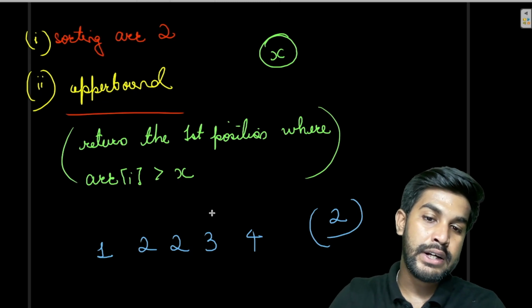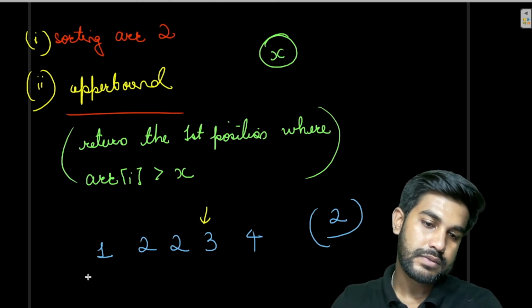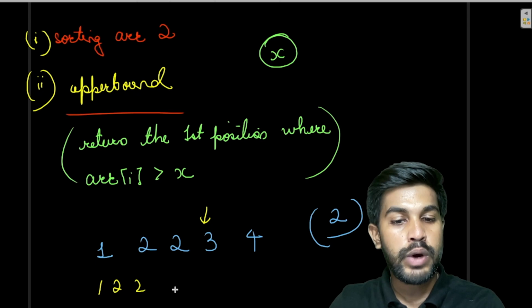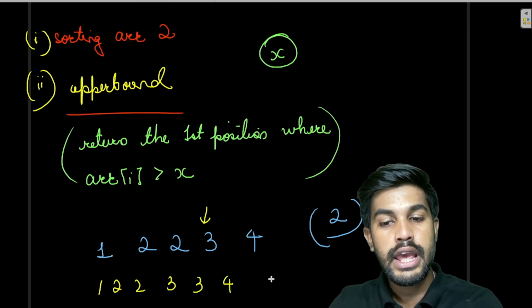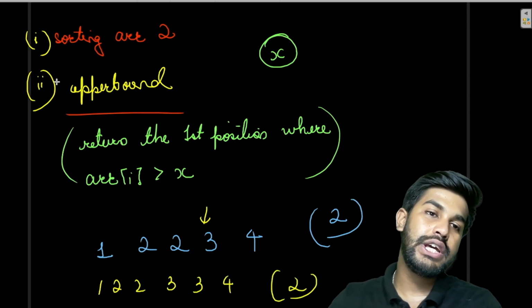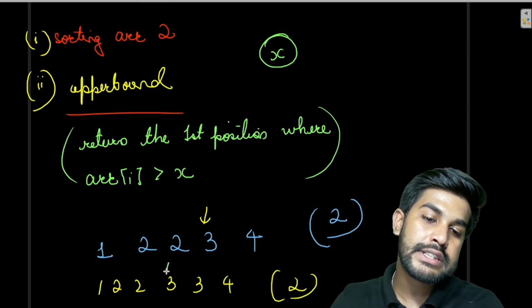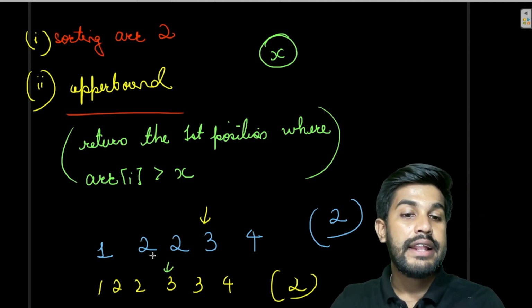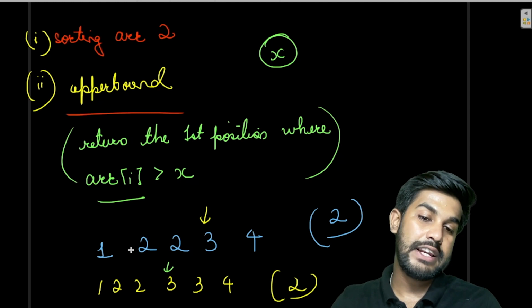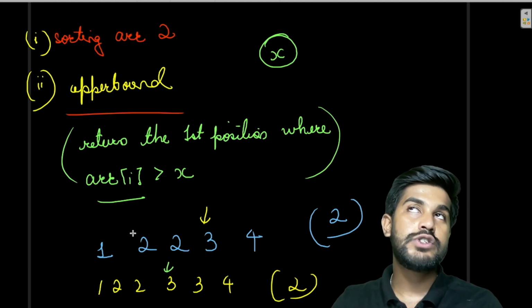Then it would return me this position. Now, suppose we have 1, 2, 2, 3, 3, 4, and then again we do upper bound of 3, then it would return me the first position where the value is greater than the given value. Let us see some more values also.